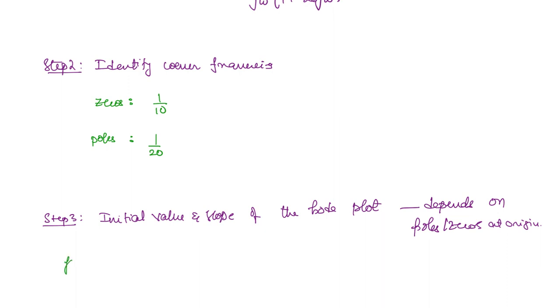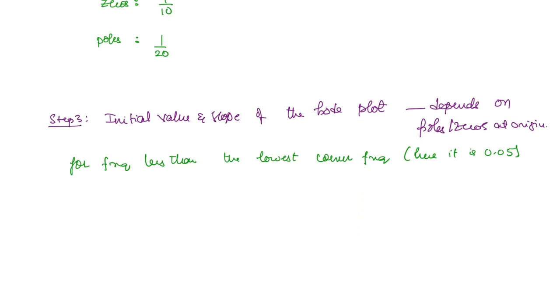So you can write for frequencies less than the lowest corner frequency, in this case 0.05.